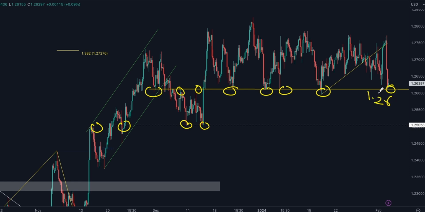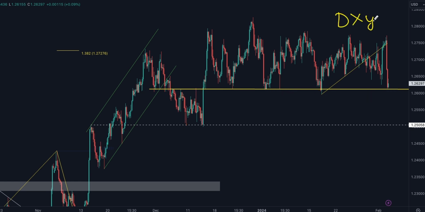First one 126, next 125 for the next entry, because we are still bullish on dollar. So wait for a breakout of this super strong intraday support level. When it breaks out, on retest you can sell and target 125.